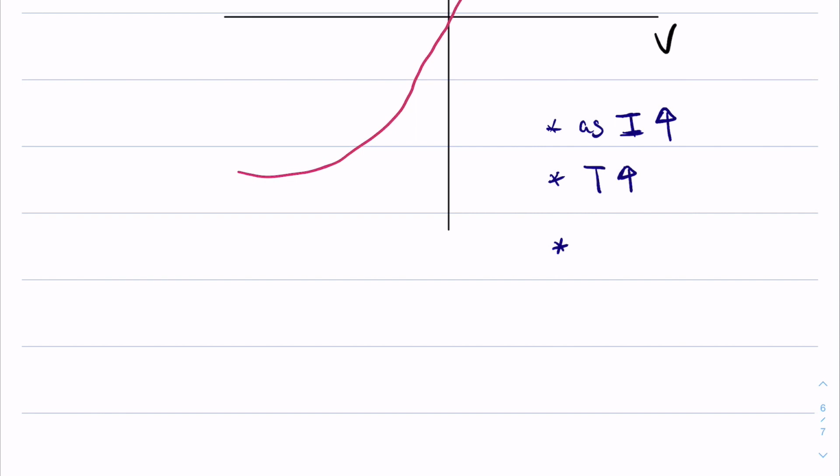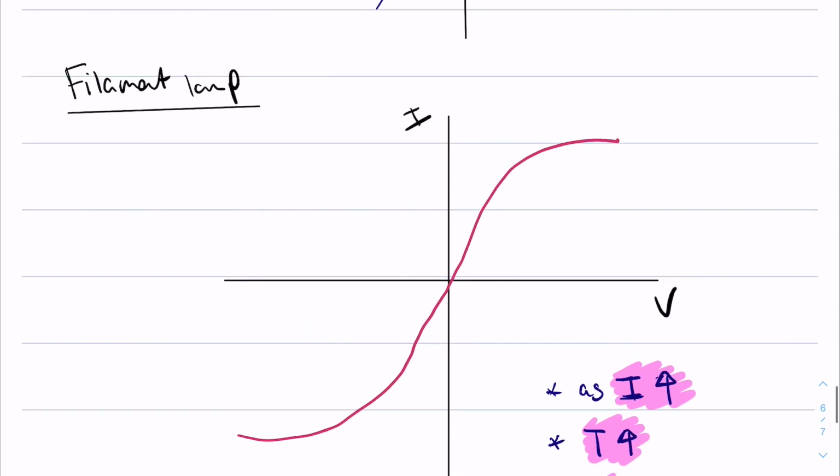But as the current goes up, the temperature goes up. When the temperature goes up, all the atoms in the filament jiggle around more, and therefore it's harder for the current to flow. Therefore, the resistance goes up. As the resistance goes up, the graph becomes more and more shallow.